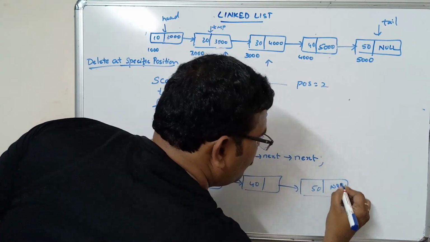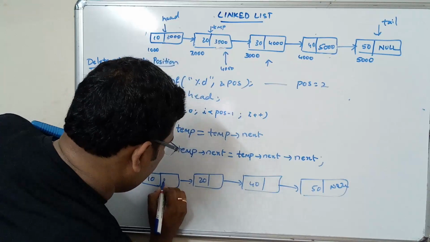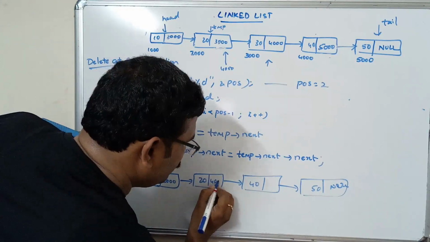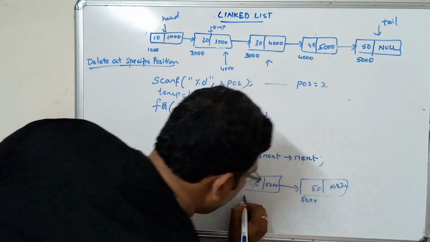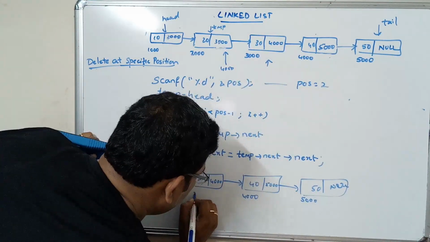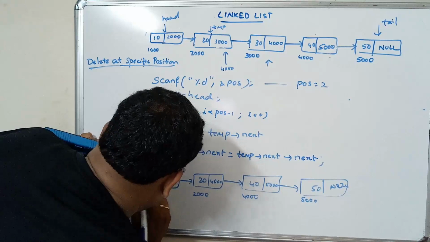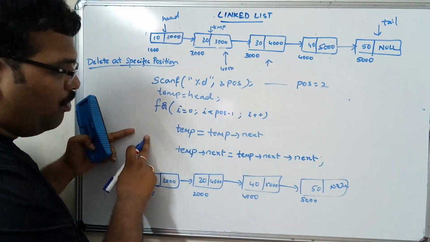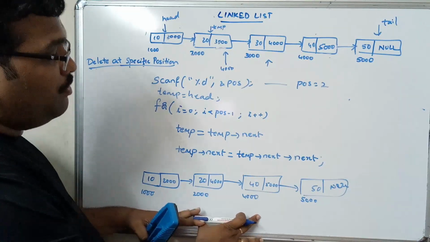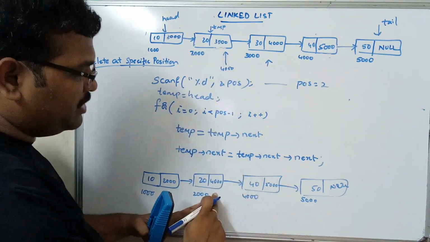This is null, this is 2000, this is 4000, this is 5000. See, after executing this code, we will get this, because we are placing 3000 to 4000.